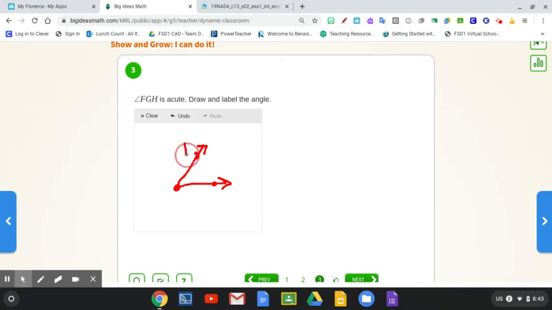So I'm going to start here with F, and then in the middle, our middle letter is always our vertex or our shared endpoint, that is G. And then we have our H. So we say this as angle FGH. Or remember, we can do it in the opposite way, angle HGF. But this one's asking for angle FGH.